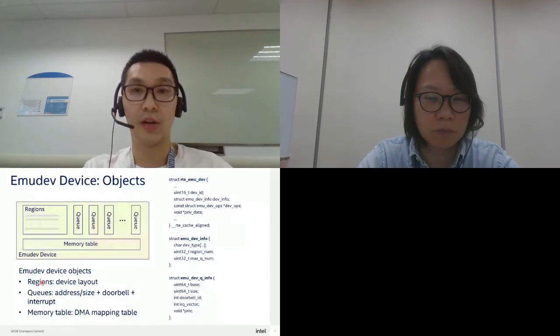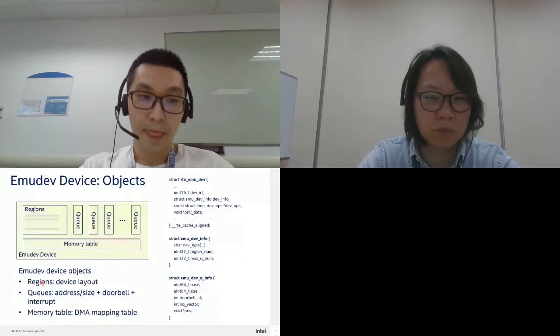Each device could have its own device layout, and the regions could be mapped to the device memory. The data path provider could use the regions to receive some data path related control commands from the device emulation, and also set some information into the device emulation.